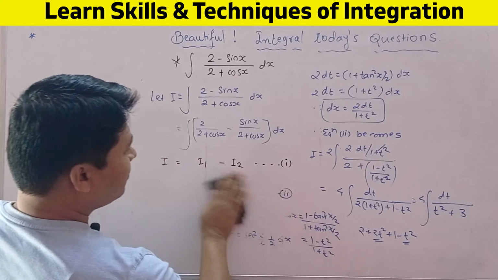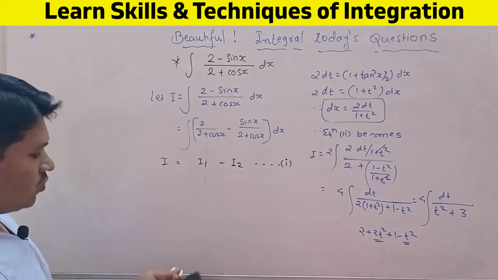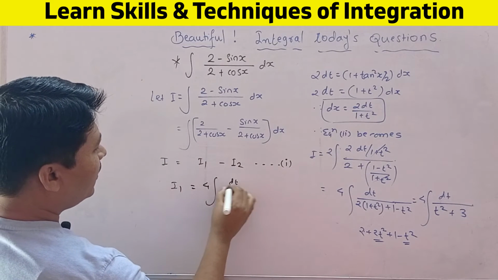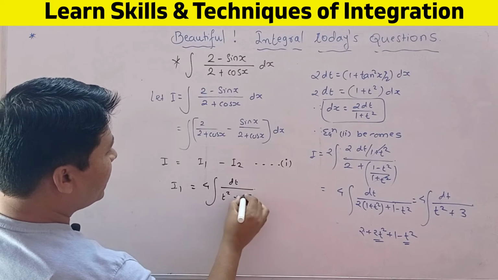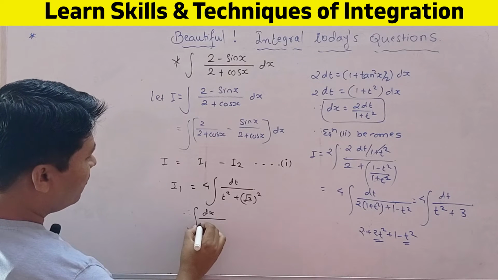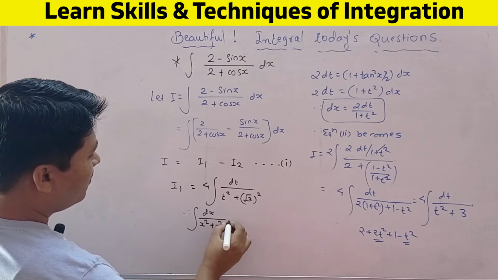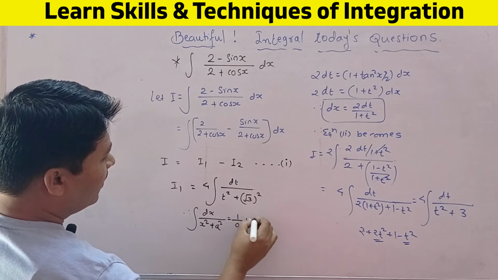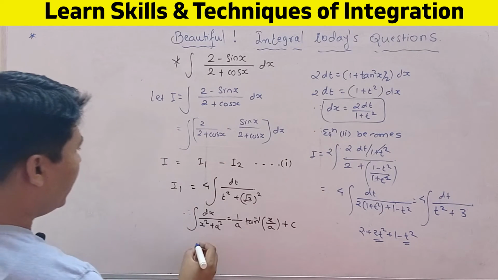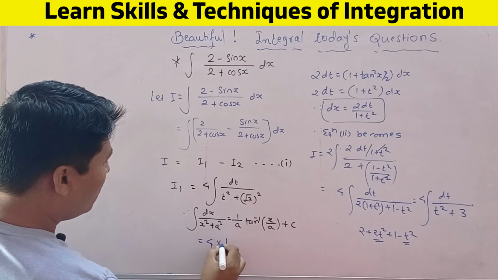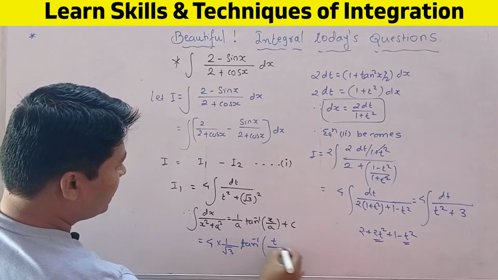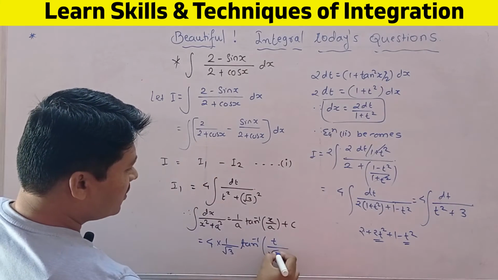Therefore I1 is equal to 4 times the integral of dt upon (t square plus root 3 squared). Now I use the formula for the integration of 1 upon (x square plus a square), which is 1 upon a tan inverse x upon a plus c, where c is the constant of integration. Therefore we get the final solution: 4 times 1 upon root 3, tan inverse of t upon root 3, plus c.